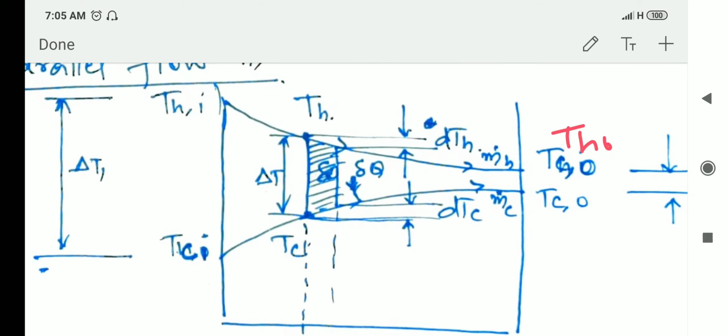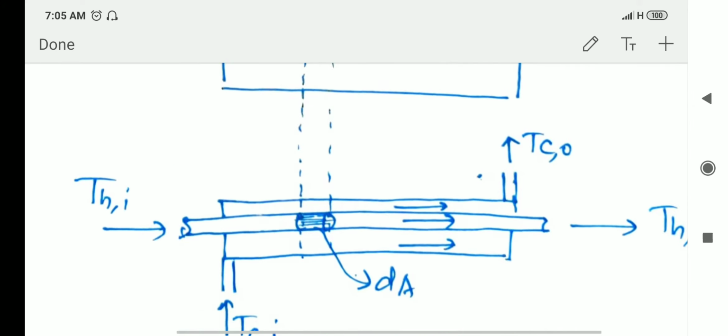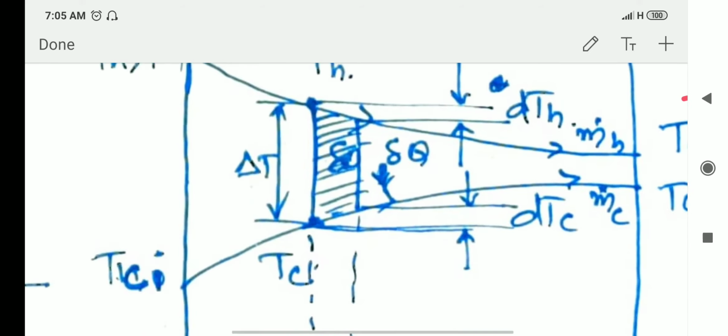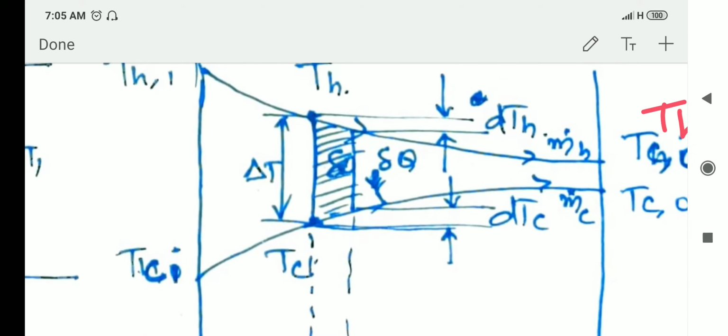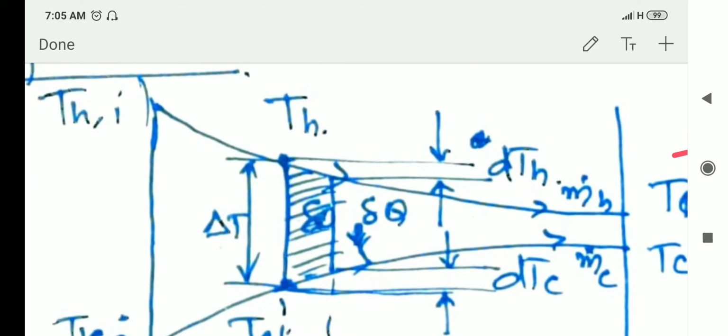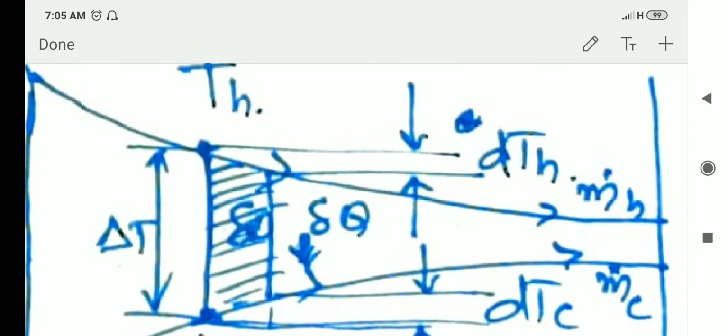And for this arbitrary area, let the temperature difference be TH and TC, therefore delta T equal to TH minus TC. Through this arbitrarily small area, let the heat transfer from the hot fluid to the cold fluid be del Q as shown in the figure, and due to the heat transfer the temperature drop on the hot fluid is dTH.